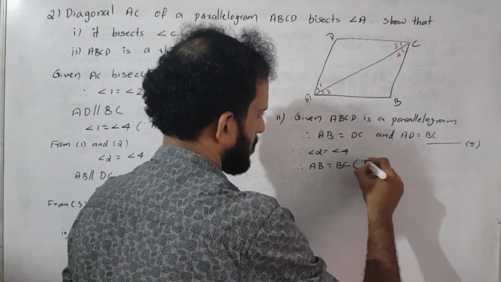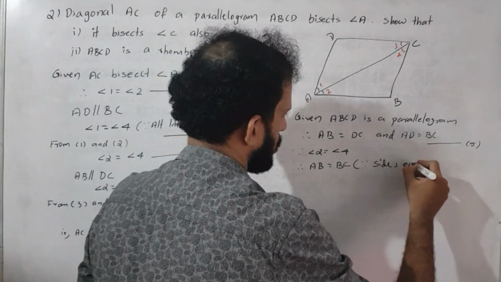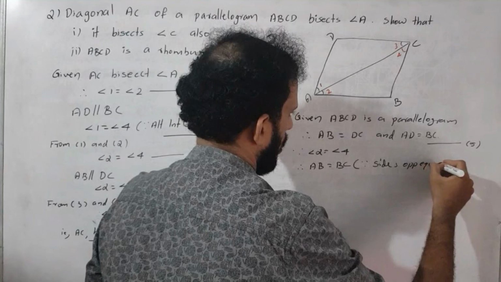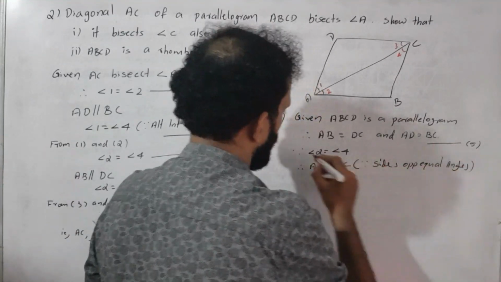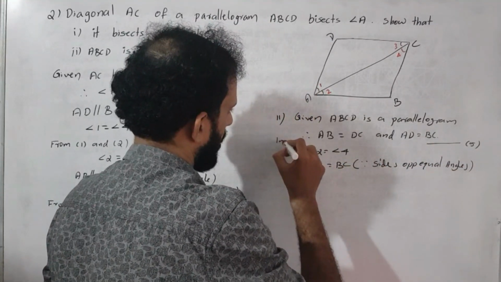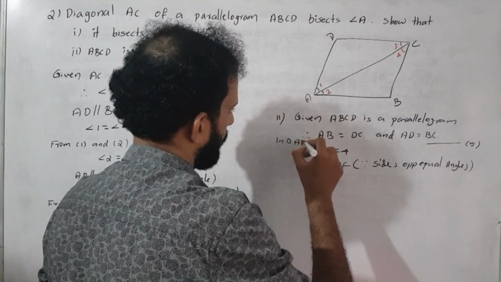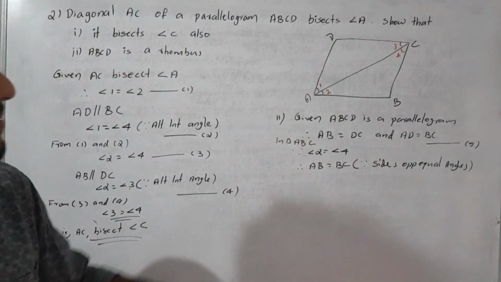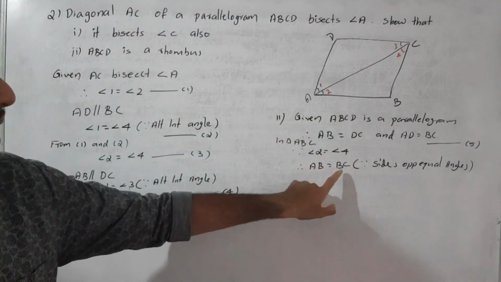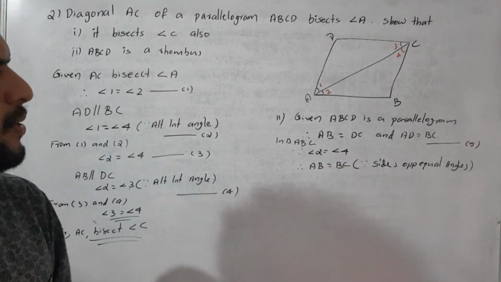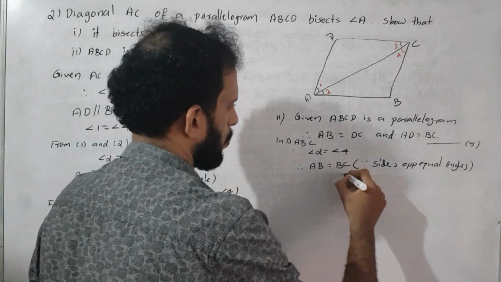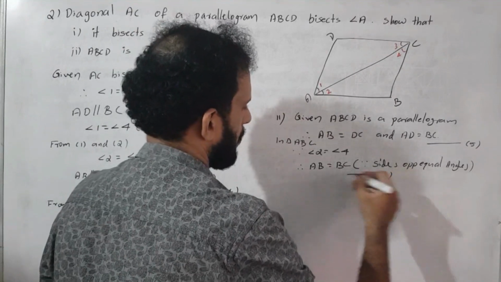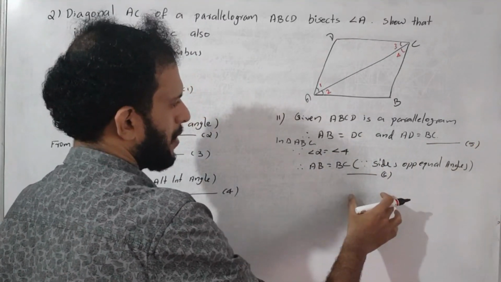What is the reason? Since sides opposite to equal angles are equal. In triangle ABC, angle 2 is equal to angle 4, therefore the sides opposite to equal angles are also equal. That is equation 6.